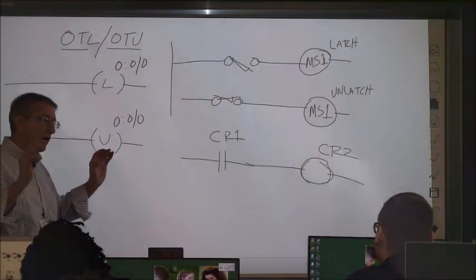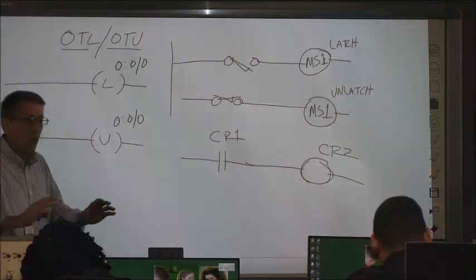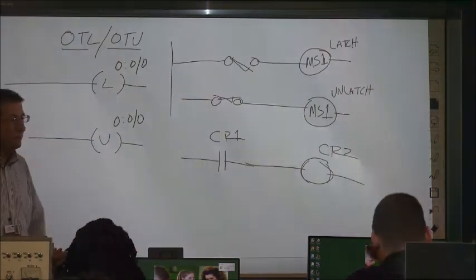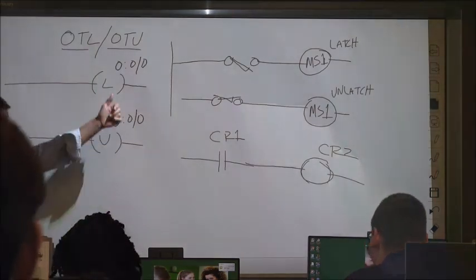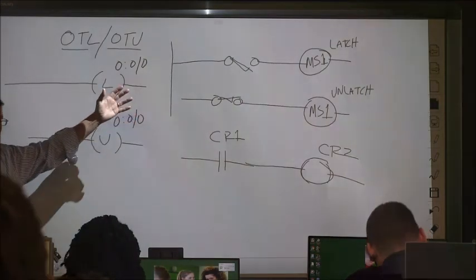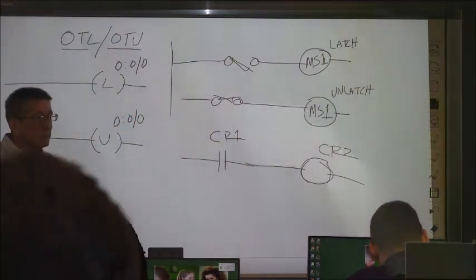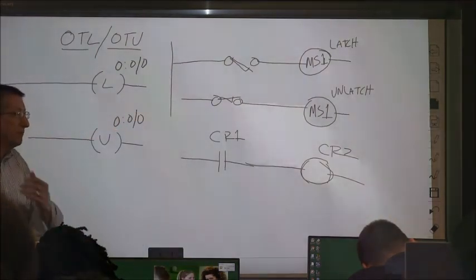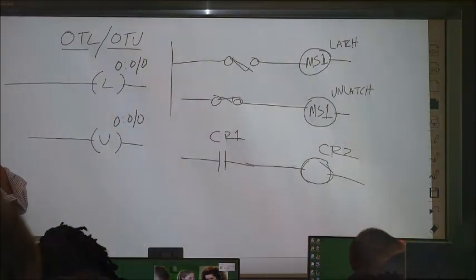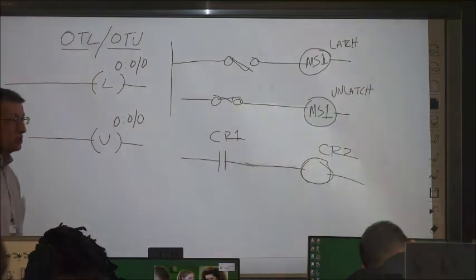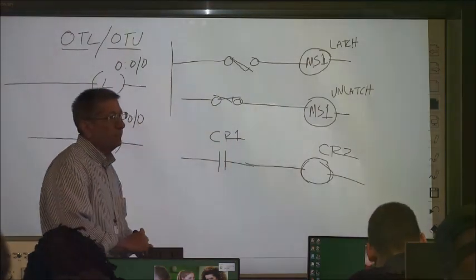It's very poor programming practice, because once it gets latched up, there's no way to unlatch it unless you do the unlatch. And you don't want machinery running all over the place when you power back up. Big safety problem.